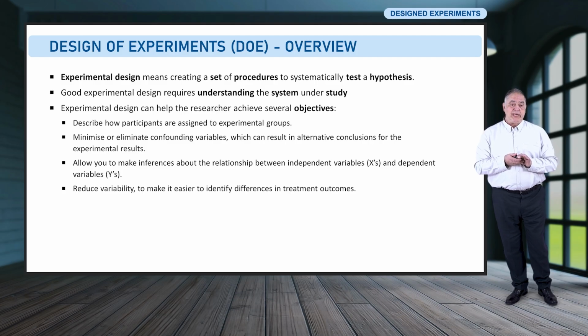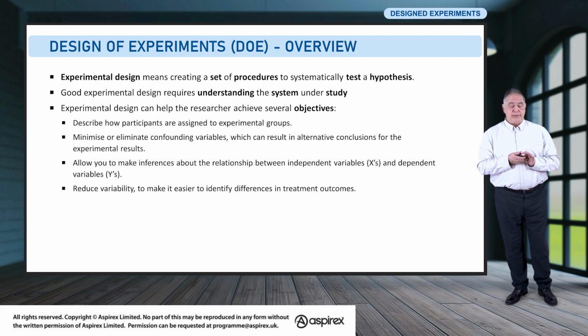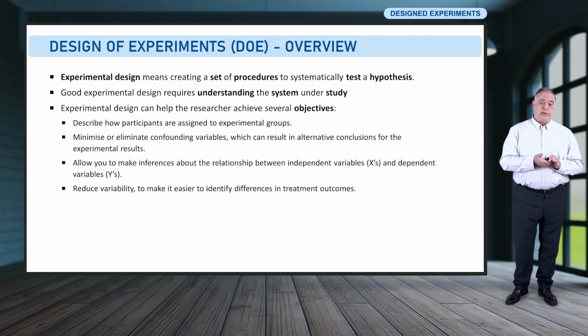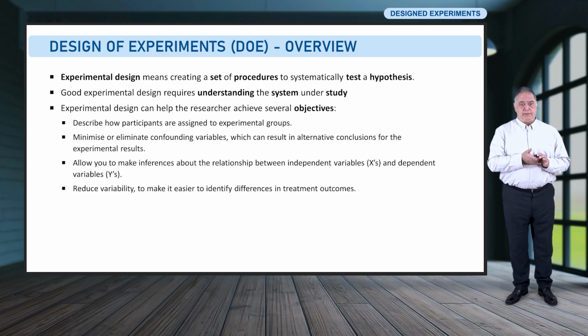Minimize or even eliminate confounding variables, and these are variables which can result in alternative conclusions for the experimental results. Allow you to make inferences about the relationship between independent variables and dependent variables, and also reduce variability to make it easier to identify differences in various treatment outcomes.